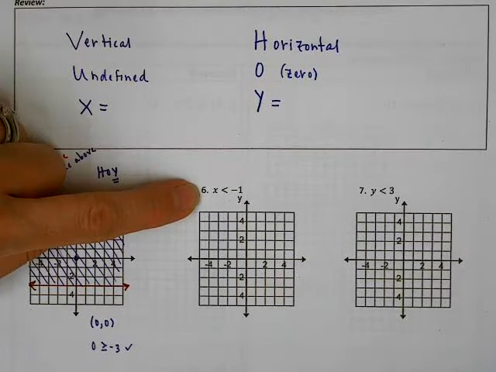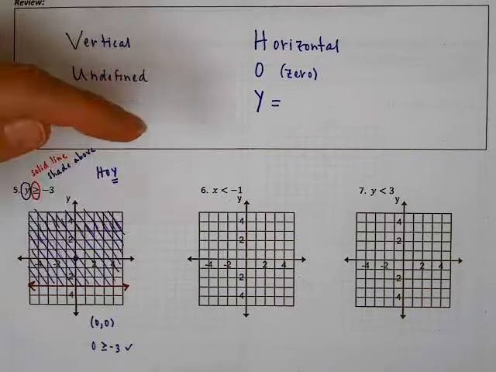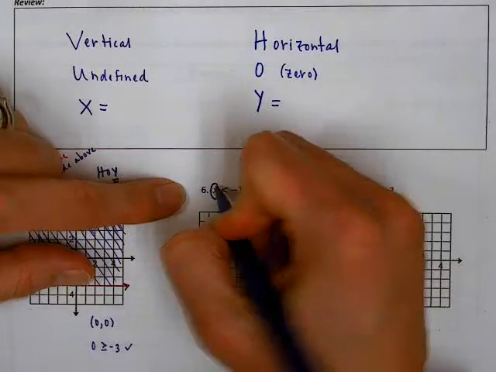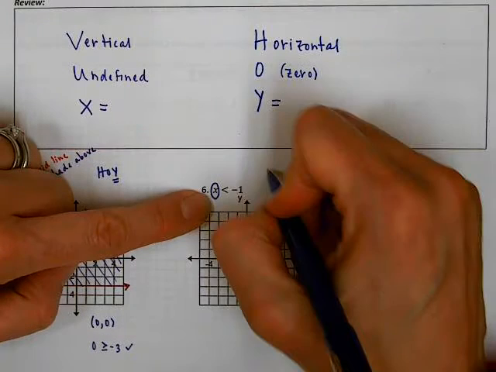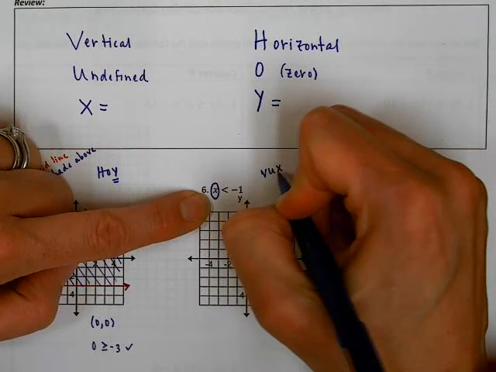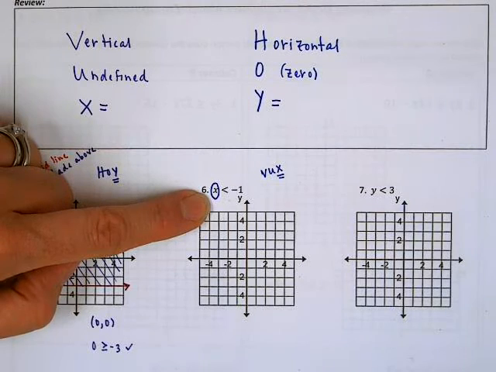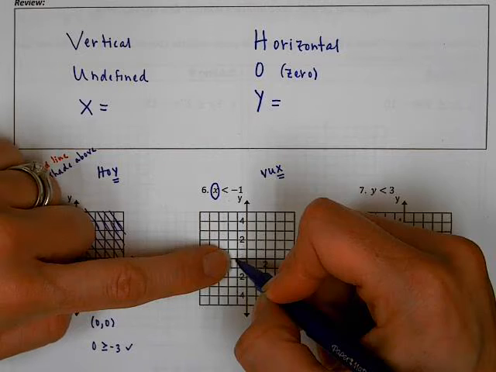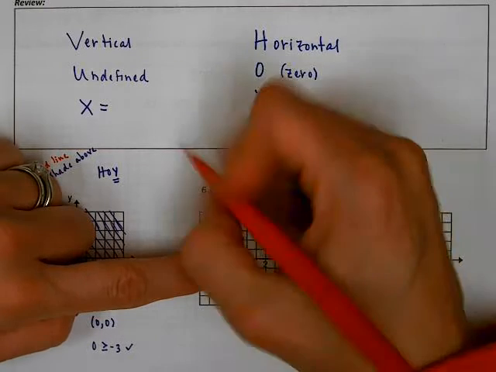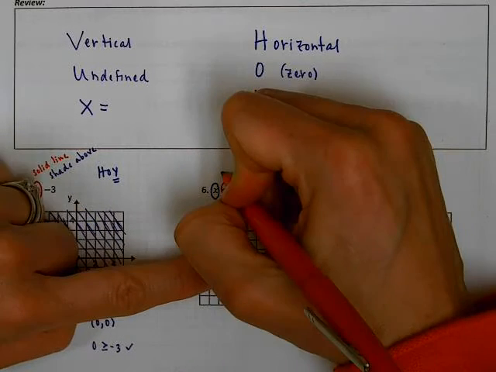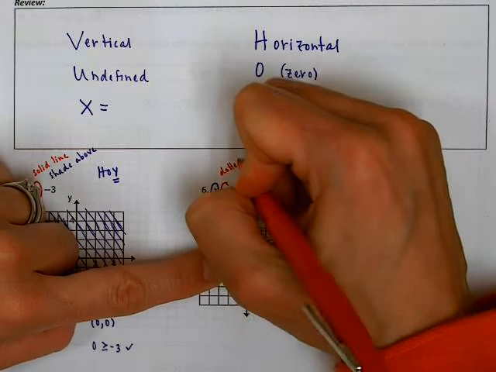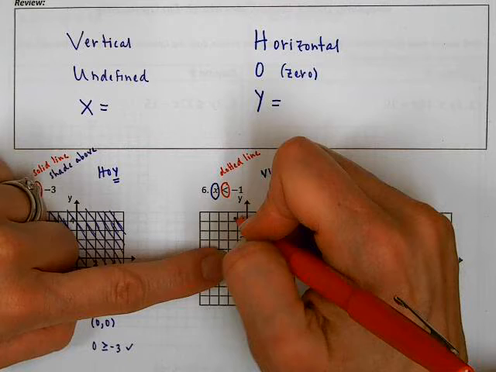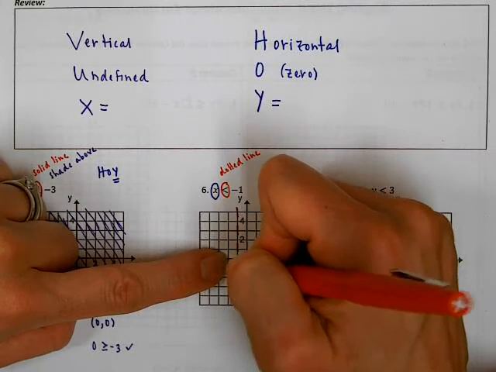In number 6 here, you can see I've got x equals, or x is less than, that's my only variable. So that means I have a Vux. So I know I'm going to cross the x-axis at -1. Now, again, since this is strictly less than, I'm going to have a dotted line. So at -1, I'm going to do a dotted line.